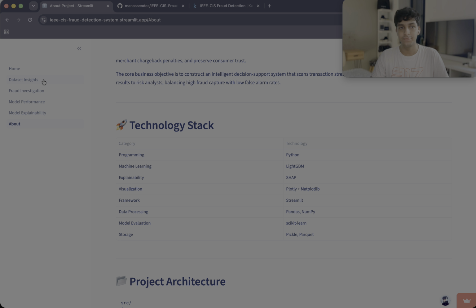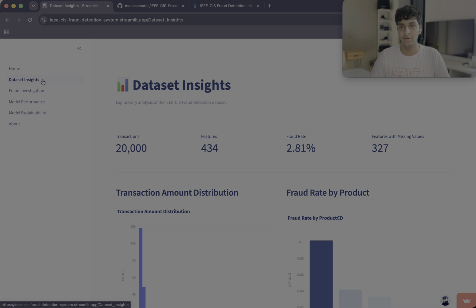Before building the model, we need to understand the dataset: which columns or features are impactful in deciding whether a transaction is fraud or not. So these are the dataset insights. These are the KPIs you can see. There are almost 20,000 transactions in the dataset and 434 features, so it is a very high dimensional dataset.